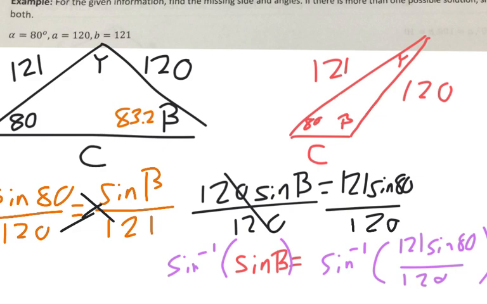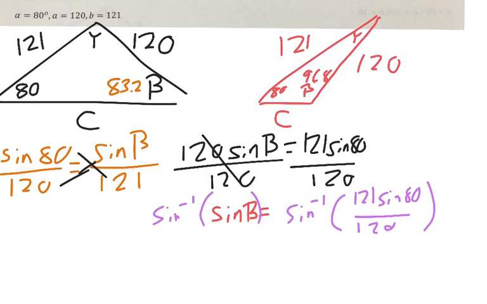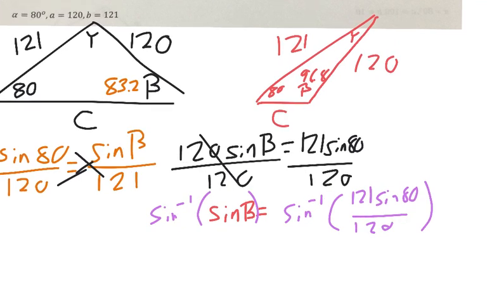But because we didn't get that in this case, the other option is beta could be 96.8. Any questions so far?